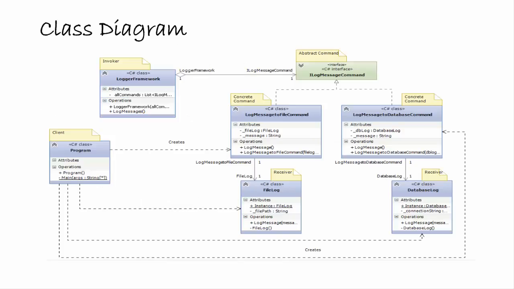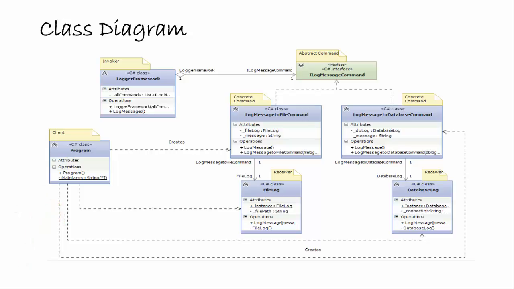This is the class diagram. On the left hand side, we have a logger framework, which is going to be the invoker. This is the guy that will hold all the commands to log messages, and this is the one that's going to execute them. On the left hand bottom, we have the client class, which is going to create all the commands.